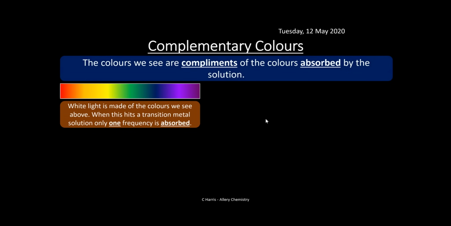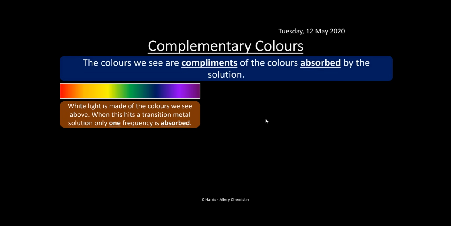Okay. So the colours, like I say, that we see are complements of the colours that are absorbed by the solution. So remember, white light is made up of the colours that we see above, so it's that spectrum. And you might remember the acronym Richard of York gave battle in vain. That acronym helps to remember the colours and the order of the colours.